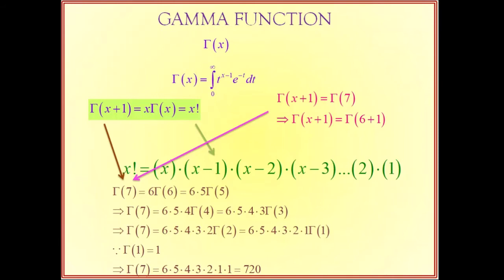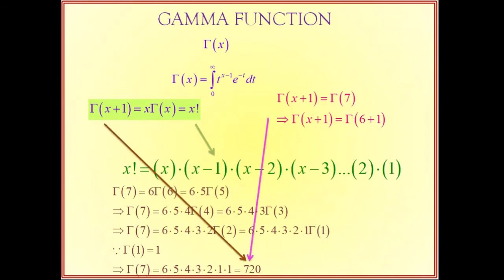As a result, we can expand gamma 7 as 6 into gamma 6. Solving it further, we can write it as 6 into 5 gamma 5 by using the same formula. Similarly, we will solve the rest of this and get to the result.